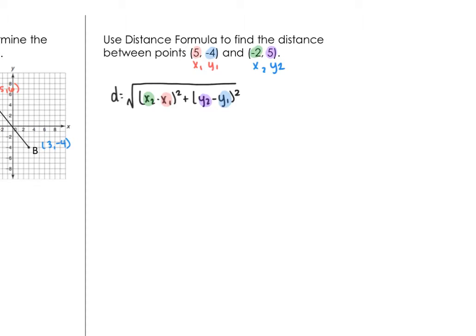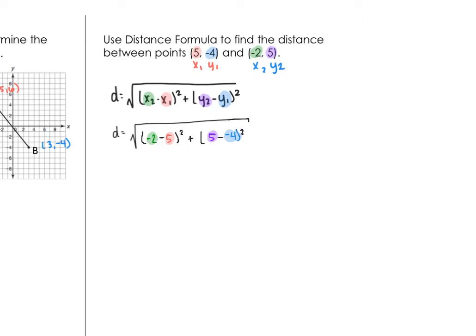Plugging into the distance formula, it's going to be -2 minus 5 squared plus 5 minus -4 squared. All I did there was plug in x1, y1, x2, and y2.